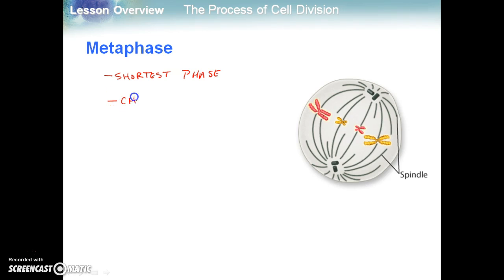So chromosomes line up. And this equator is actually called the metaphase plate. If we drew a line through our centromeres here, we have what we know as the metaphase plate.